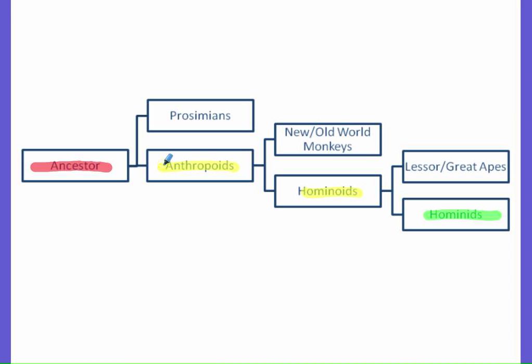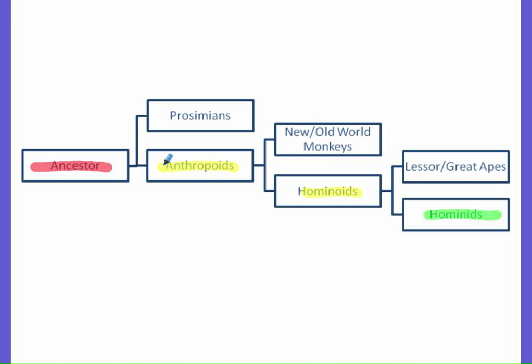Right, anthropoids are a grouping that include the New and Old World monkeys and other hominoids. Hominoids are more like us than the prosimians and the monkeys. So that would include like chimpanzees, orangutans, gorillas, things like that.